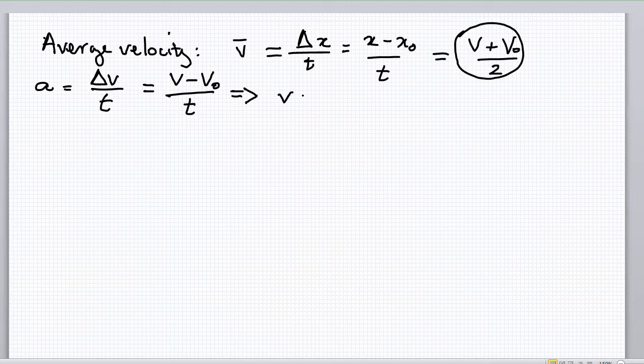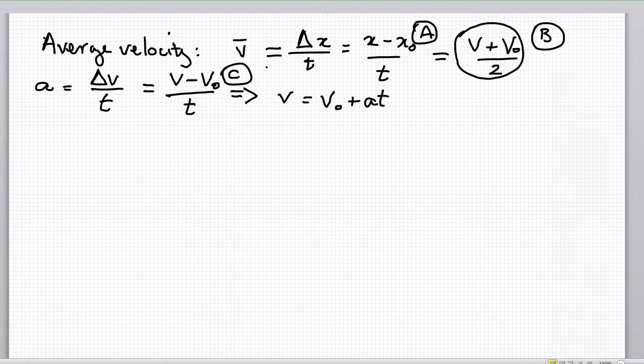It can be written as v equals v naught plus at. So I've got this equation a, this equation b, and this equation c. I'm actually going to put a number 1 next to that, because that's one of our kinematics equations.